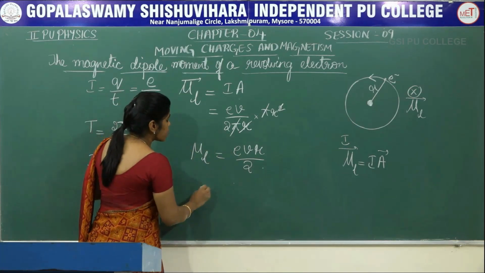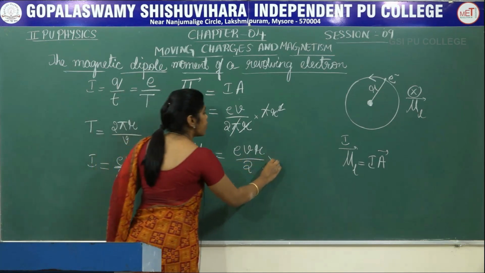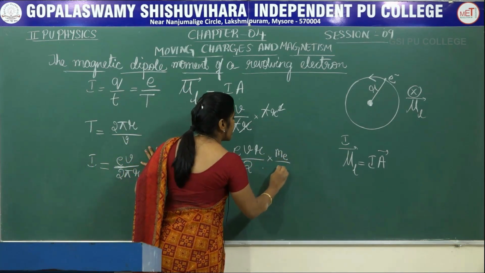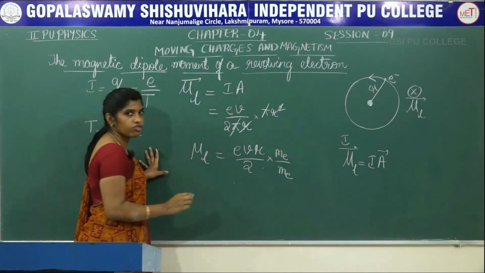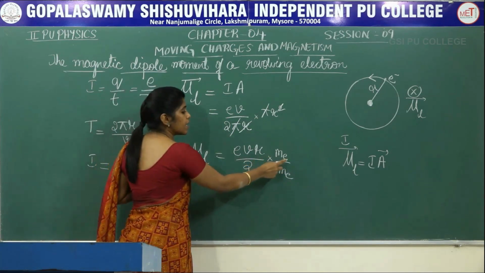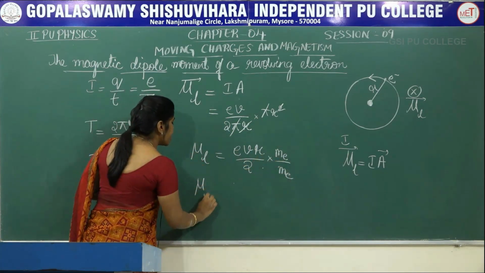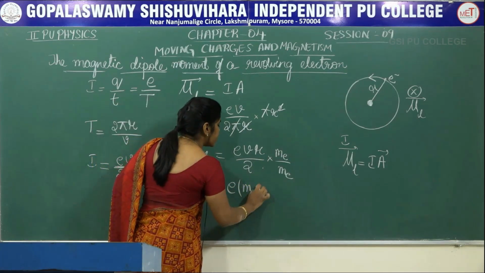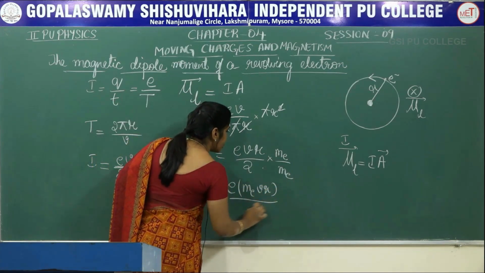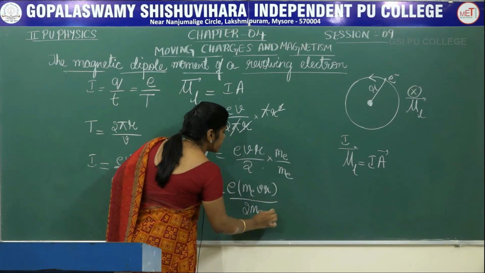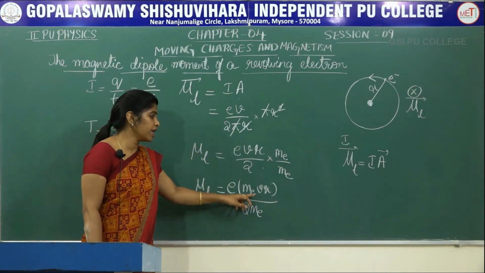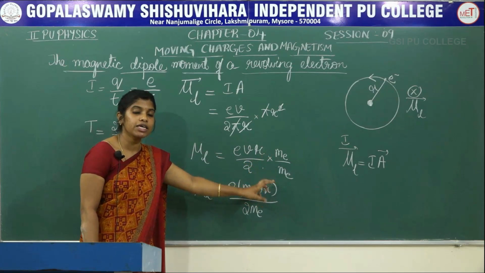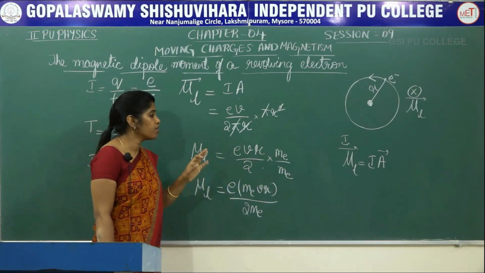Next, I am going to multiply and divide this by the mass of the electron, which I have denoted as me here. So mu L is equal to e into me Vr divided by 2me. Now me Vr is nothing but the formula for angular momentum.